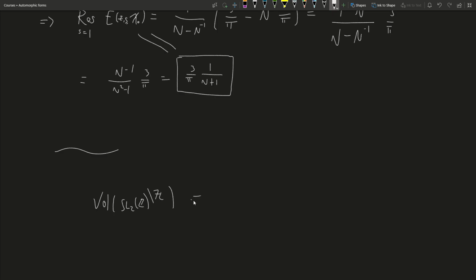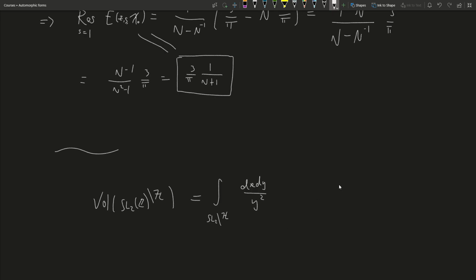And when I write this, what I mean is if you integrate the upper half plane mod SL2Z, so the standard fundamental domain, and then just using the usual metric.